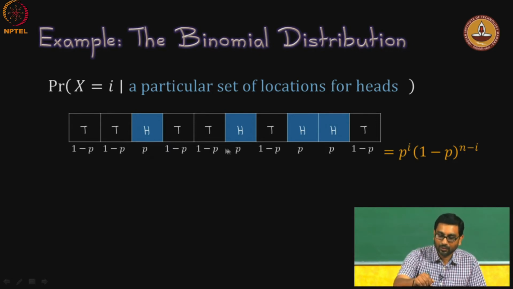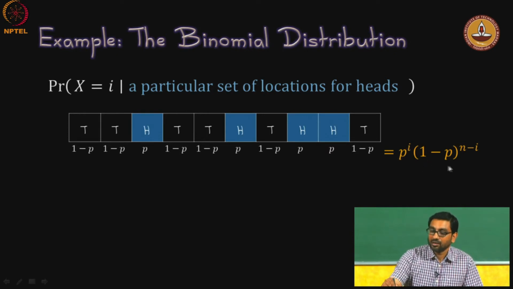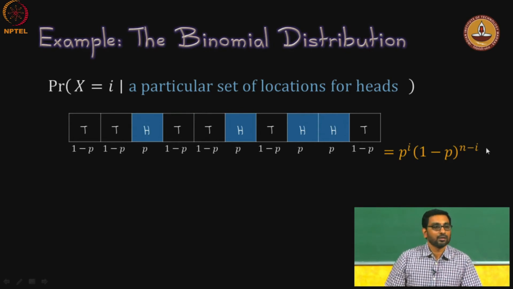Okay. So, we just pick some i locations for heads, and we put probability p for all of them. The remaining ones will be 1 minus p. So, if you specify the locations for the heads, the outcome has probability p raised to the i, and these are all independent tosses. So, you can multiply the probabilities, p raised to the i times 1 minus p raised to the n minus i for all the remaining locations.